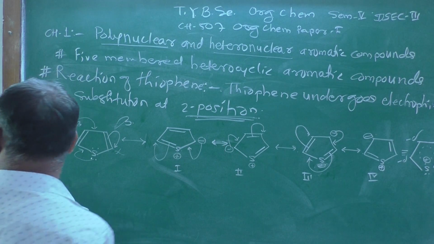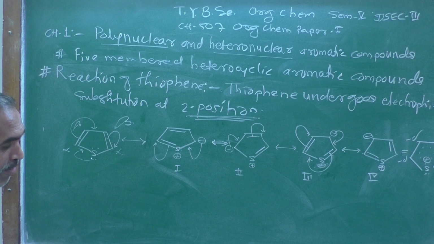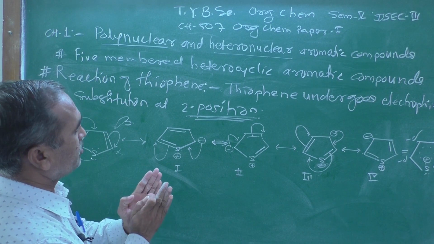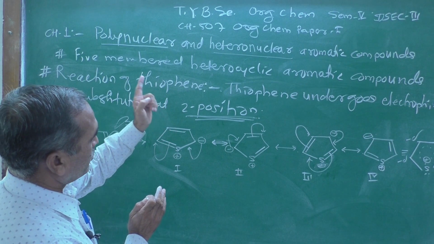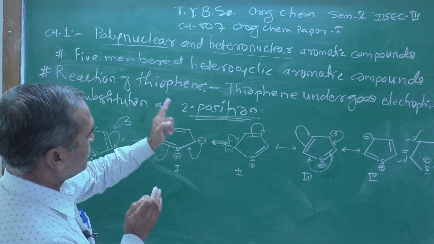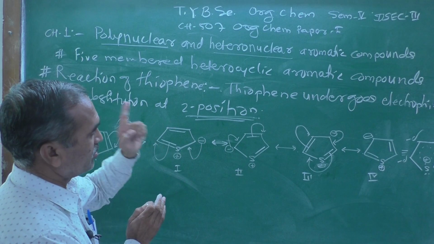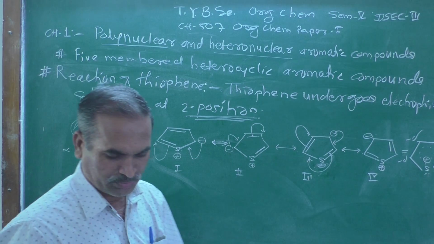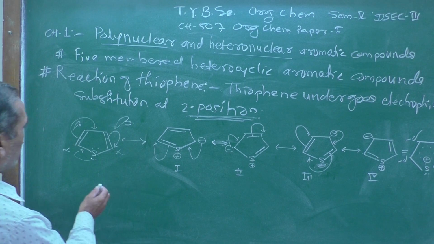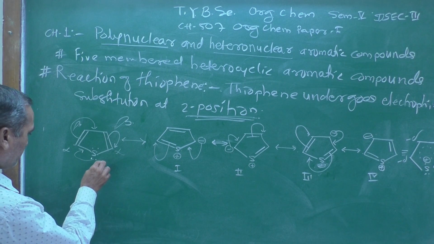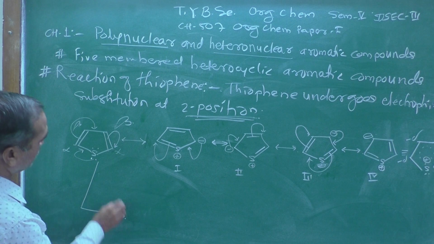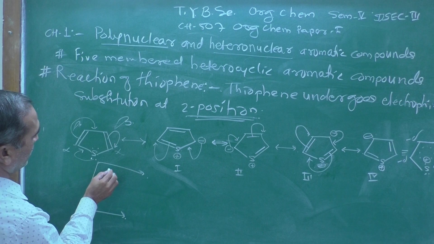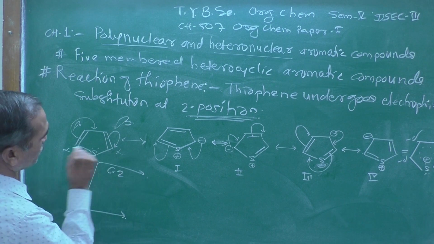And these are the canonical structures. Now, electrophilic substitution shows at the 2 position. Why that 2 position? That we are going to look at here. Now I am showing 2 arrows like this. Here is the attack at the C2 position.